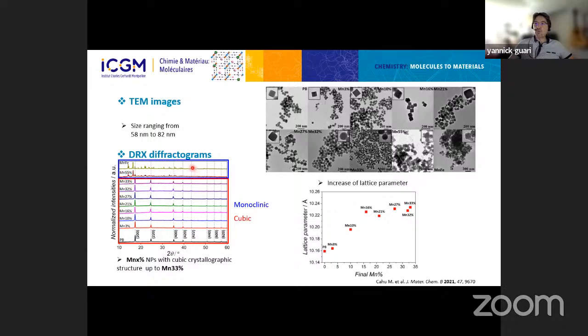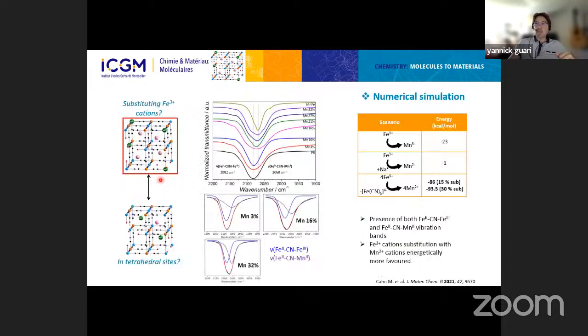However, above 33% of manganese, we no longer have the cubic structure of Prussian blue with inserted manganese, but the monoclinic structure of the manganese iron analog. So we will now concentrate on this series of compounds up to 33% of manganese.